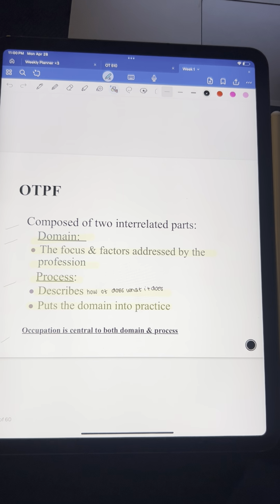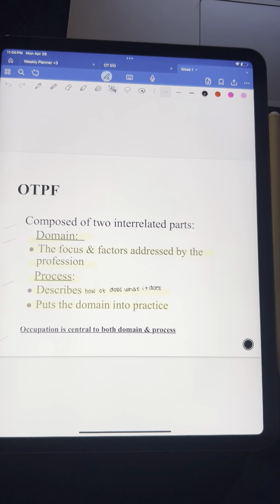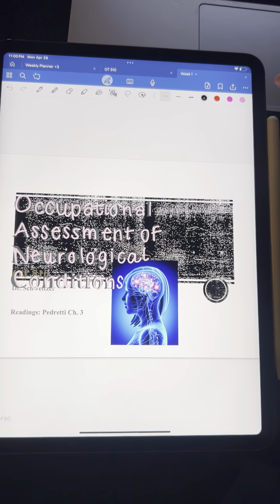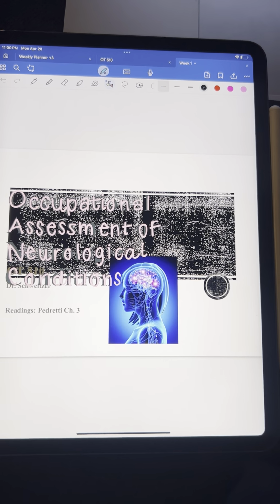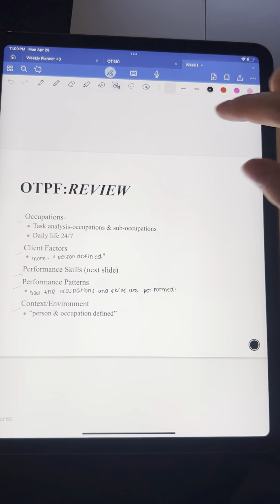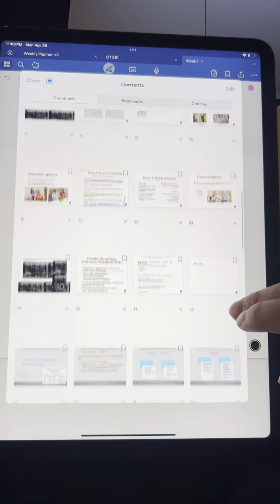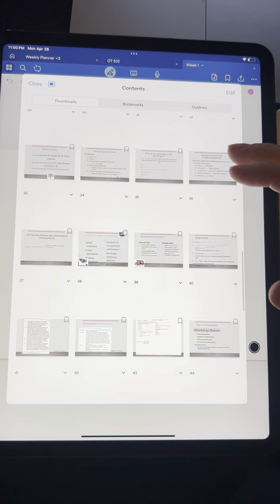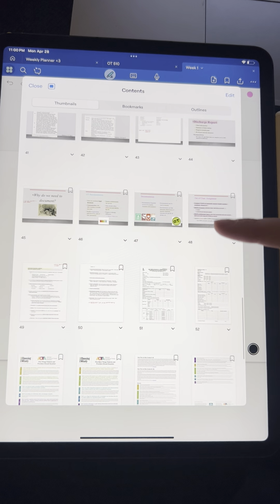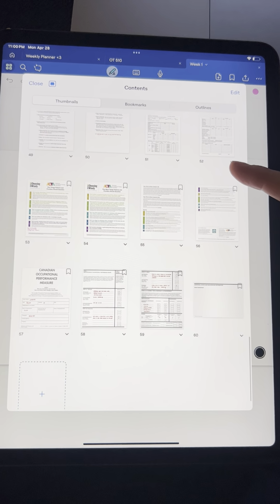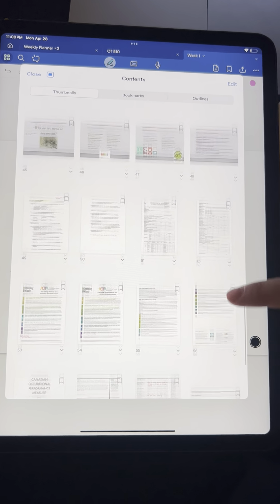Starting with week 1, we have just the occupational therapy practice framework overview, everything, all the PowerPoints I put from the week in the same folder, as well as any of the handouts that we got or assessments.